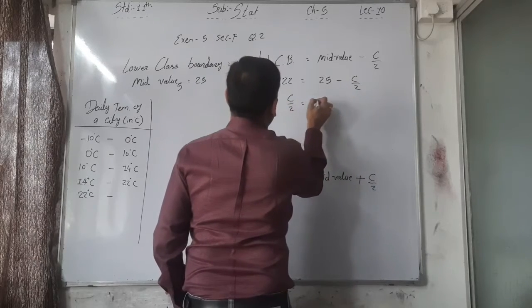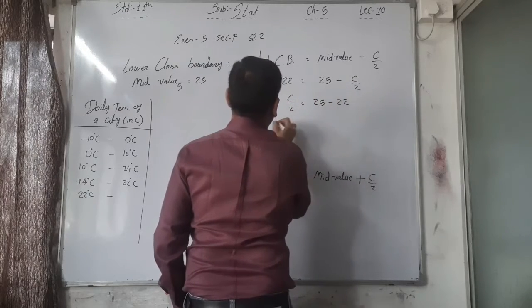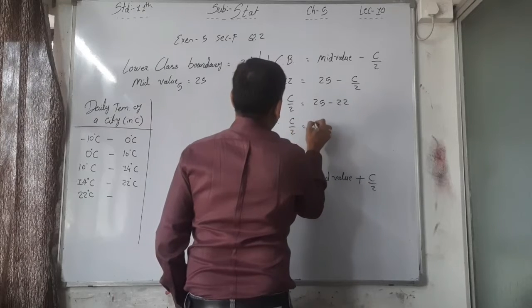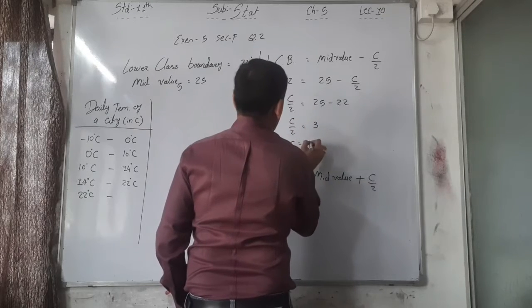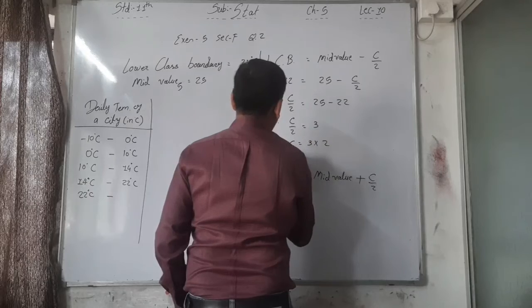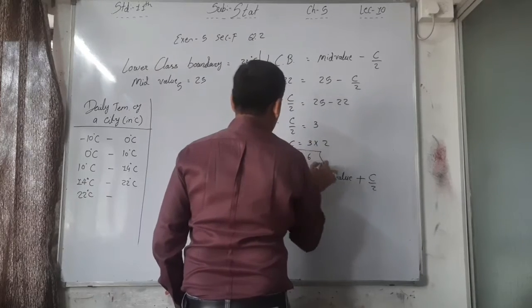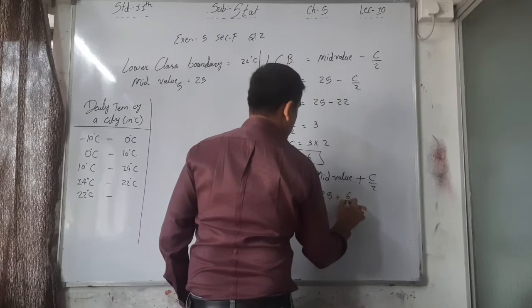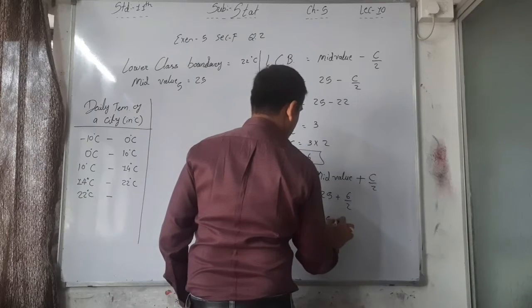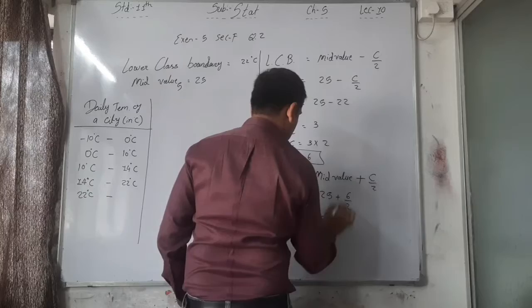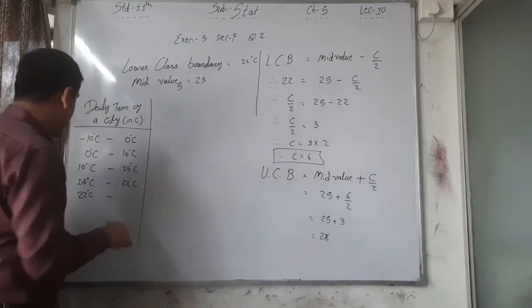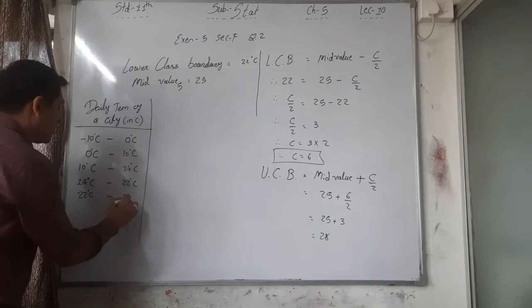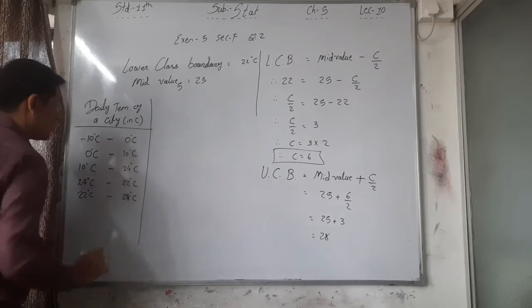C by 2 is equal to 25 minus 22. C by 2 is equal to 3. C is equal to 3 into 2. C is equal to 6. Mid value again 25 plus 6 by 2, 25 plus 3, 28. Your last class is 22 to 28 Celsius.